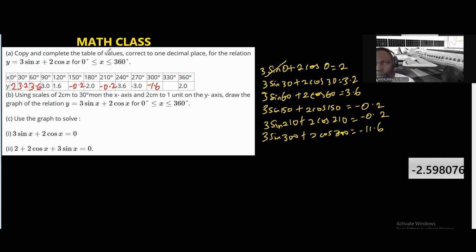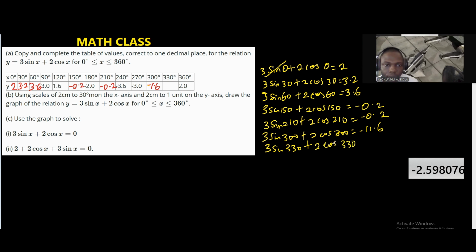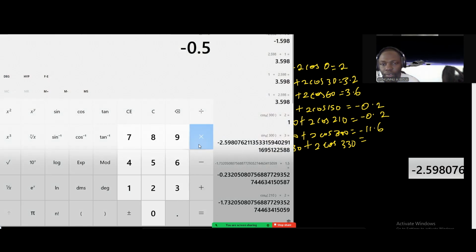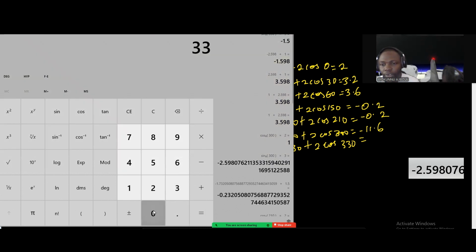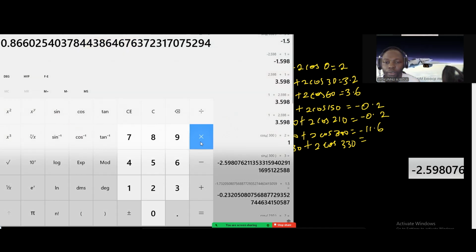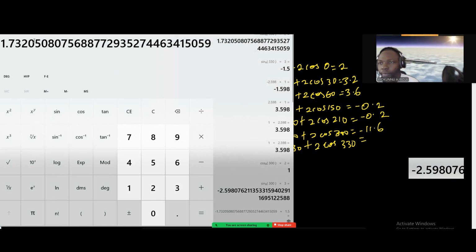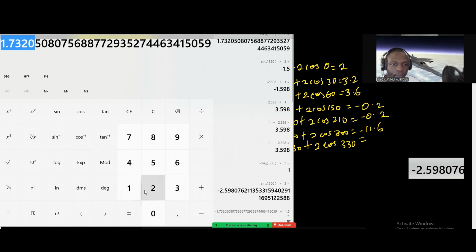So the last one is 330. So 3 sine 330 plus 2 cos 330. So I'm going to get 330 now. Sine 330 is minus 0.5, then times 3. That's minus 1.5. Then cos 330, times 2, is 1.732.